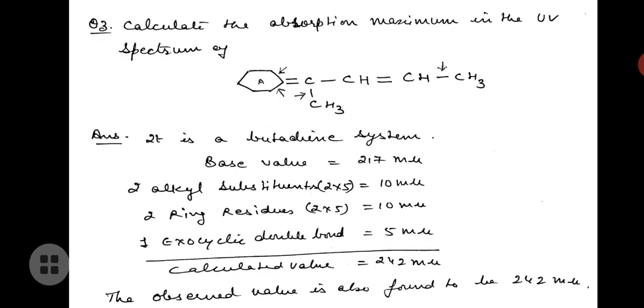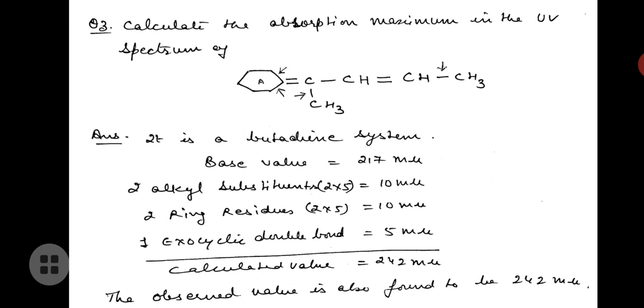Now let us see the third example. Calculate the absorption maximum in the UV spectrum of the following example. It is a butadiene system. For the butadiene system, we have already seen the base value is 217 millimicron. Now here two alkyl substituents are there. I have shown them with arrows.